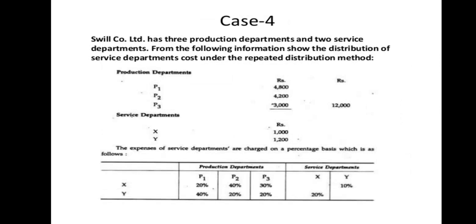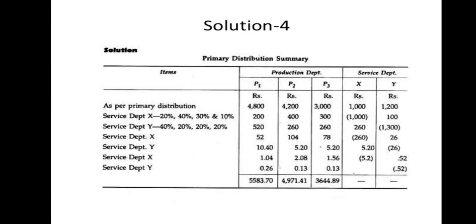So I am going to go back to the problem once just to check over the percentages, and as per the percentages, the overheads or the expenses of service departments should be apportioned, and whatever apportionment we have done, we have to take the total when we are apportioning them. This is the solution. So if possible, take a screenshot of it and copy down the solution.